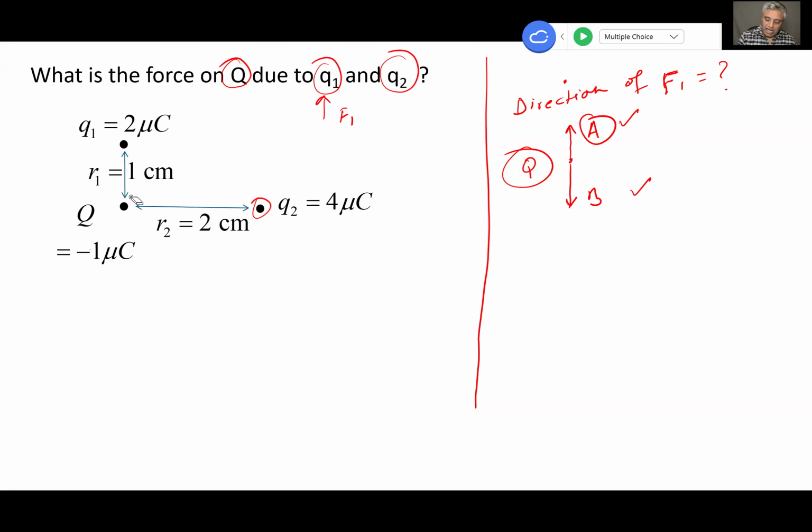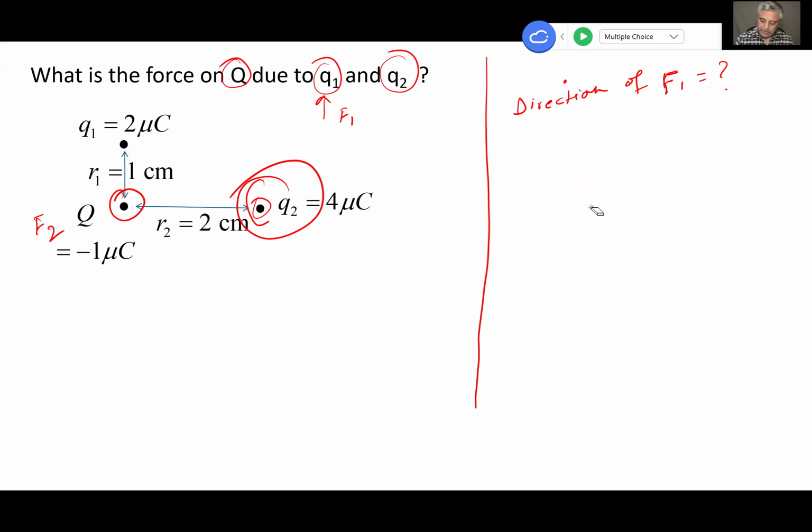Now, I'm going to say, okay, this is force F2, the force on Q due to Q2. I'm calling that F2. So what is the direction of force F2?